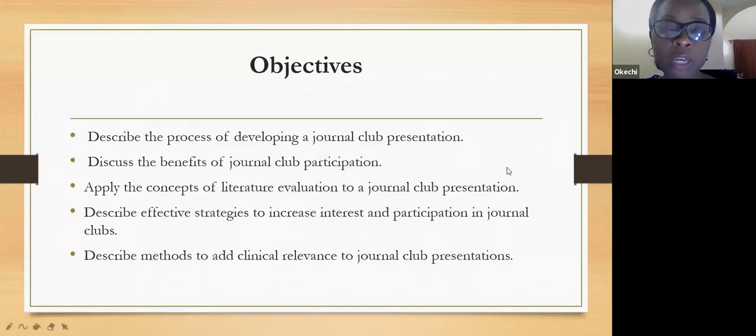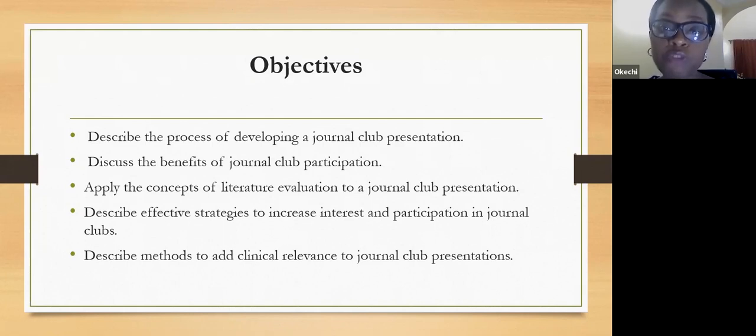Okay, we will be looking at the objectives for holding journal clubs. The objectives are basically describing the process of developing a journal club presentation, like we've been doing.